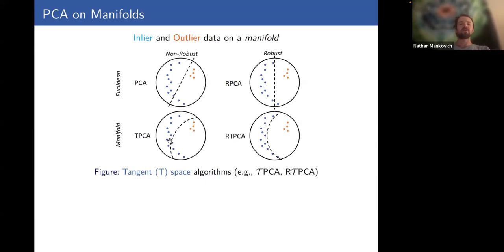Whereas if you use directions that respect the manifold structure, so you're using tangent vectors to the manifold for your principal directions, then your subspace of principal directions would be geodesics. And then maybe you could get a better model, especially with the robust formulations on the manifold.